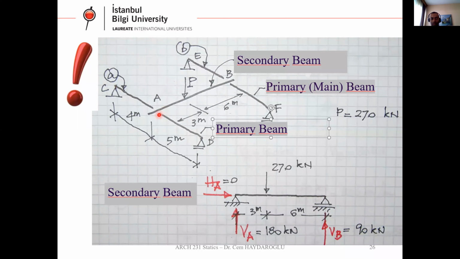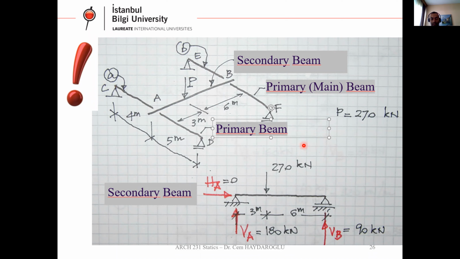The location of the secondary beam on the primary beams, as you can see, is 4 meter and 5 meter here. Its location from the support to this beam location is 4 meter and 5 meter. That's okay.